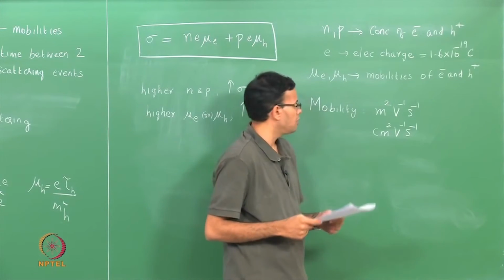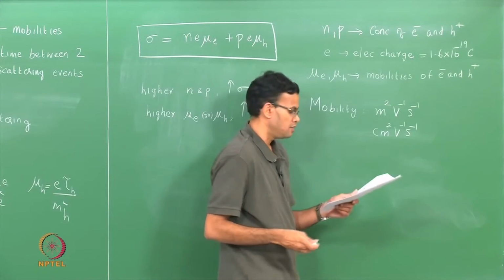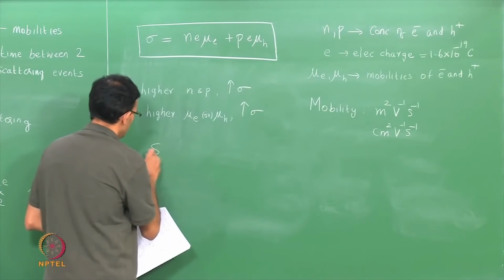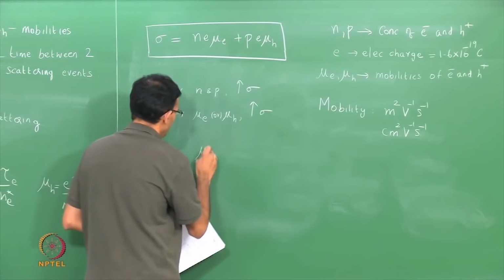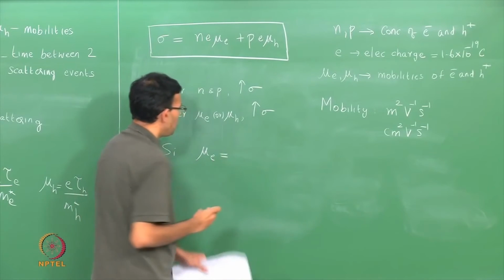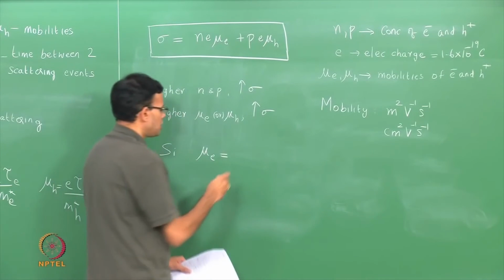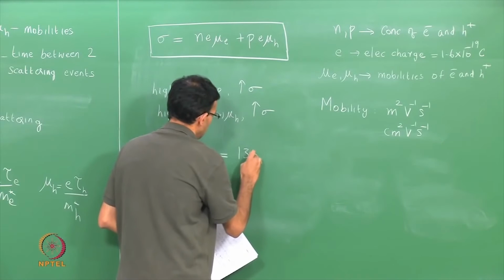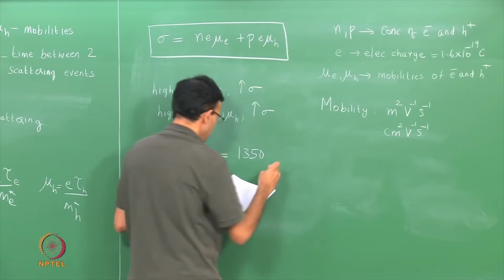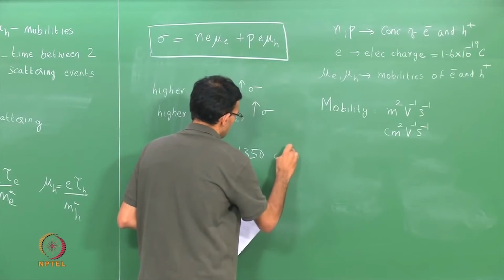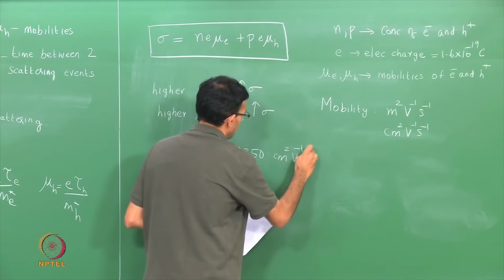So, let us take a look at the mobility values for silicon. We have silicon mu e, which is the mobility of the electron in the conduction band, around 1350 centimeter square per volt per second.